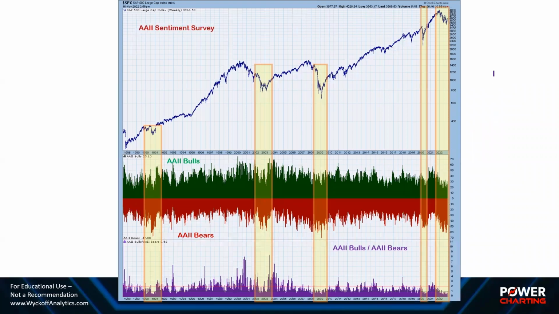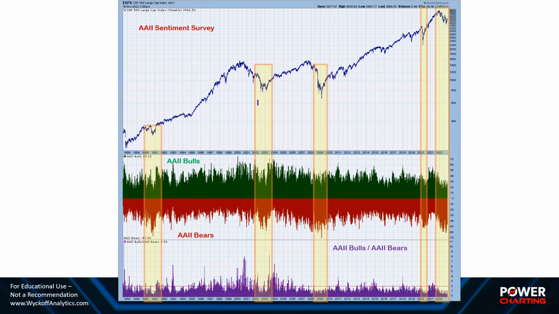Here is the AAII data going back all the way to 1988. And I've yellow shaded these very low valleys of underexposure. And this is 1990-91, which was the Middle East conflict.